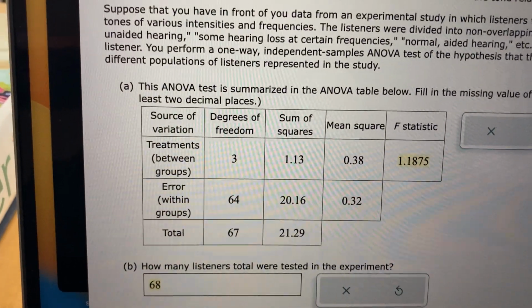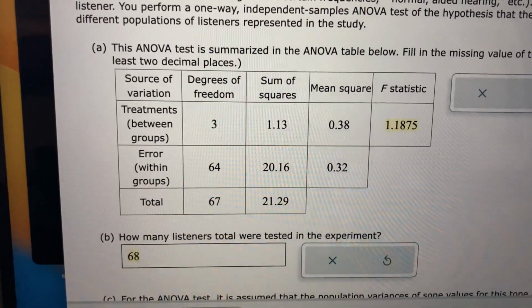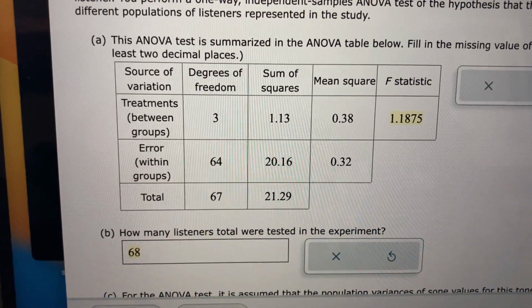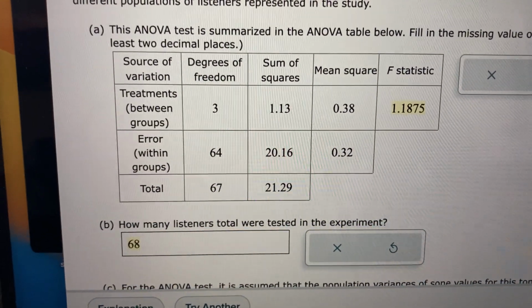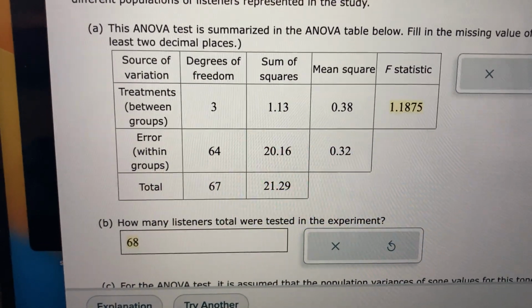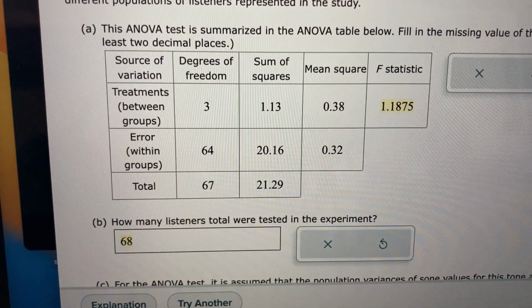I debate whether to say this, but if you take your 1.13 and you divide it by 3, you get your 0.38. And if you take your 20.16 and you divide it by 64, you get your 0.32.